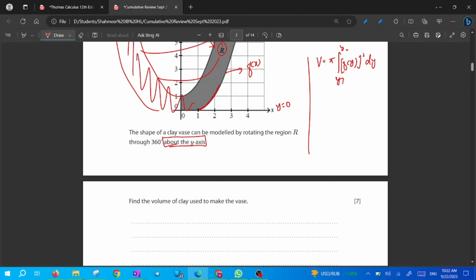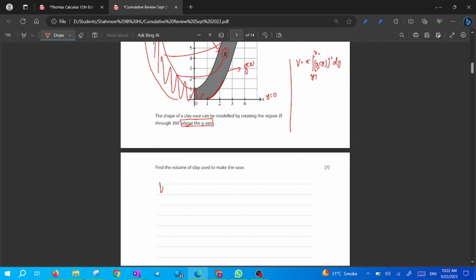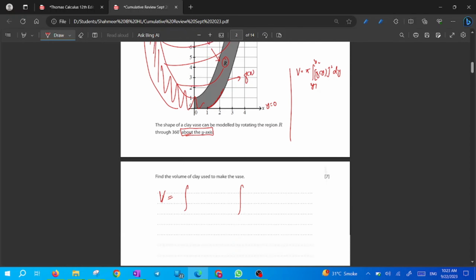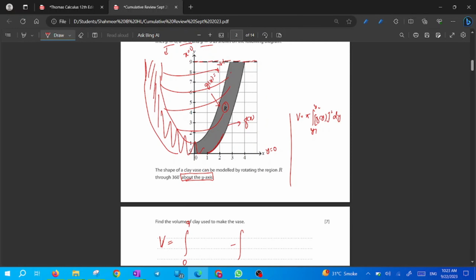To find the volume of the clay, we have to subtract both volumes, the volume for f(x) and the volume for g(x). For f(x), y varies from 0 to 9, and for g(x), it varies from 1 to 9.